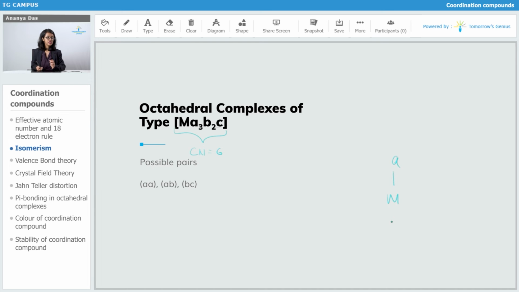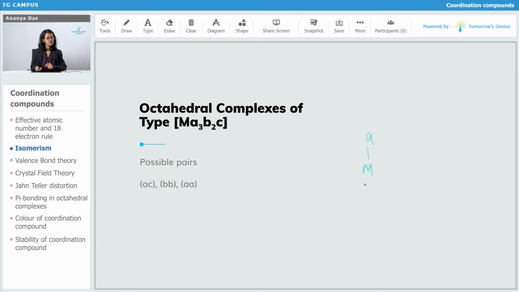In this, A is trans to A, B is trans to B, and A is trans to C. So A is trans to A, the same ligand is trans to each other, so this is an optically inactive pair. Now let's go to the next possible pair. This is the next possible pair.